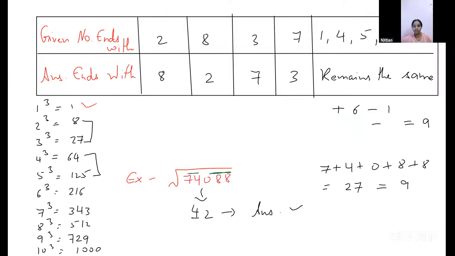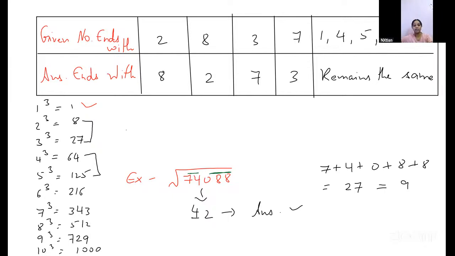And also, why do we add up all the numbers? The given numbers, we add up all of them, right? Yes, that is for the digital root. That is just to check whether a number is a perfect cube number or not. For that we add up to check the digital root.